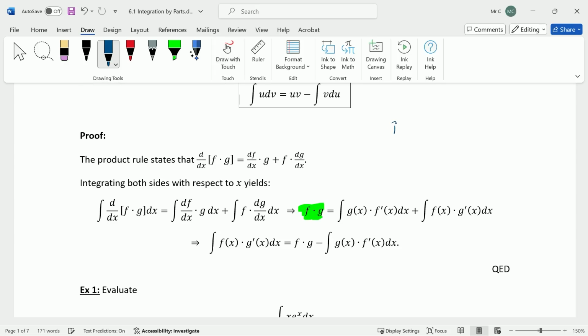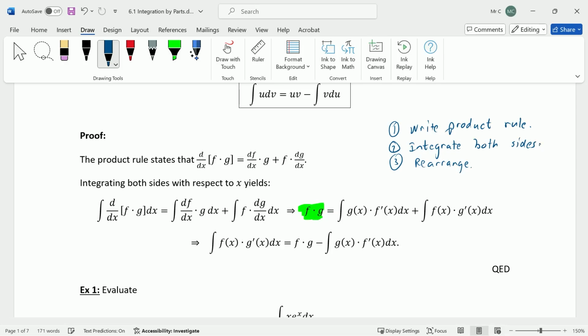So in this case, for example, I would summarize this as: write the product rule, integrate both sides, and rearrange.